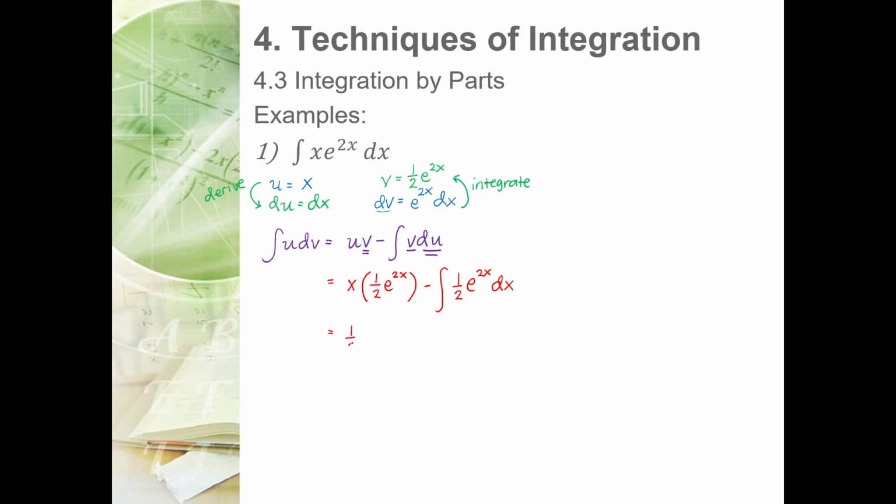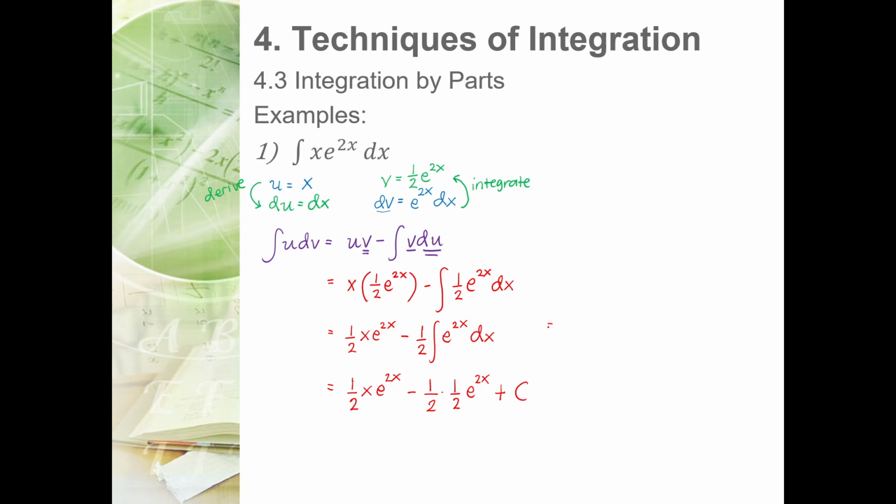We have 1/2 times x e to the power of 2x, then minus, take the constant outside the integral symbol, that will be 1/2 the integral of e raised to the power of 2x dx. Looking at the remaining integral, this one is an easy integral. So the final answer is 1/2 x times e raised to 2x minus 1/2 times 1/2 e raised to 2x plus c.